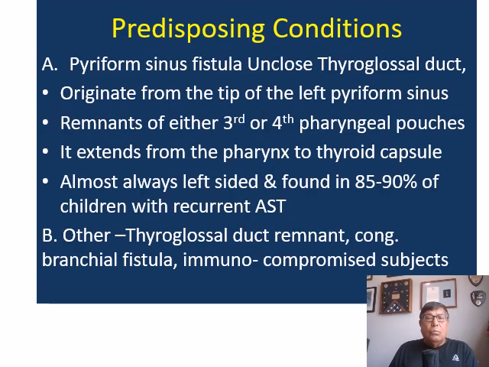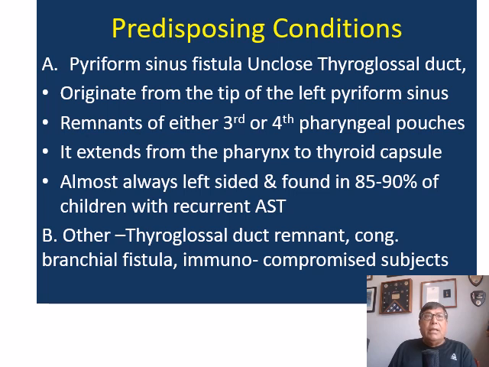So when this infection occurs, what do we really need to think about? First of all, in children, we have to think about the pyriform sinus and thyroglossal duct fistula. And I have a diagrammatic representation of the pyriform sinus. It actually originates from the tip of the left pyriform sinus, which is more common.